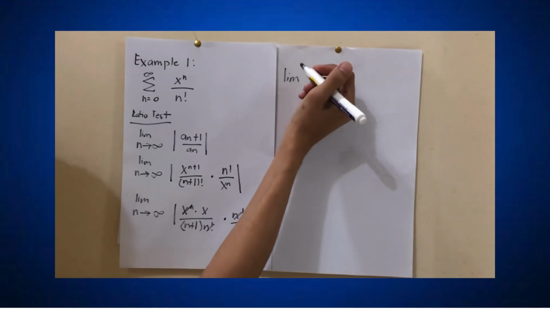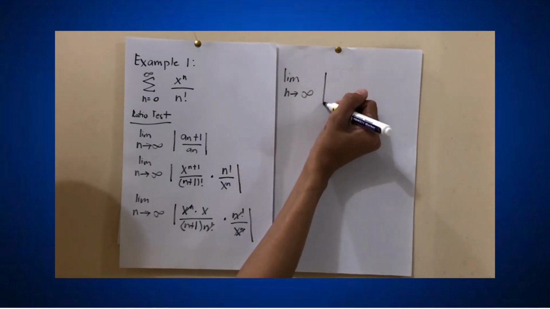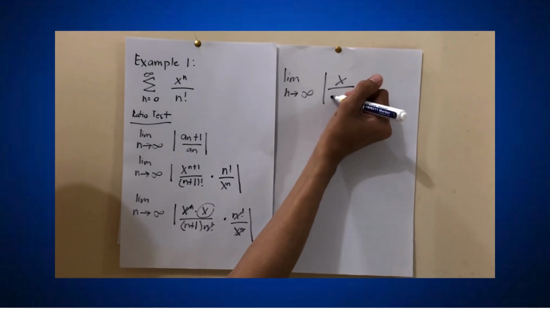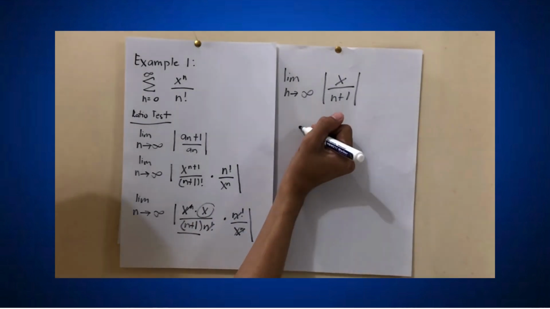Then we cancel like terms: x raised to n and n factorial. And after that, we just copy what is left. We will have x over n plus 1, since that is what is left from our cancellation.